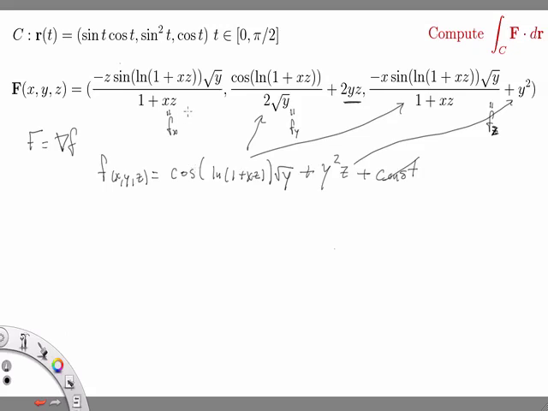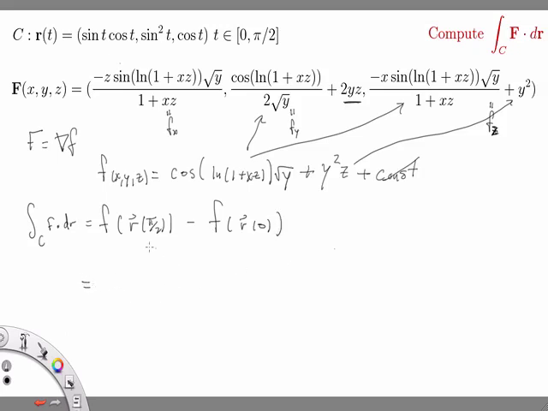All right, and so that's the function we're going to use to evaluate the integral of F dot dr over C. So here we go. We have the integral over C of F dot dr, and this is equal to f of the parameterization r evaluated at the endpoints. So I have f of r of pi over 2, minus f of r of 0.